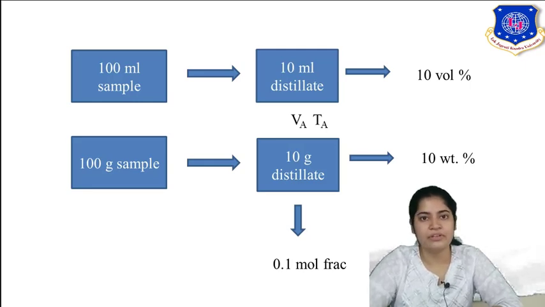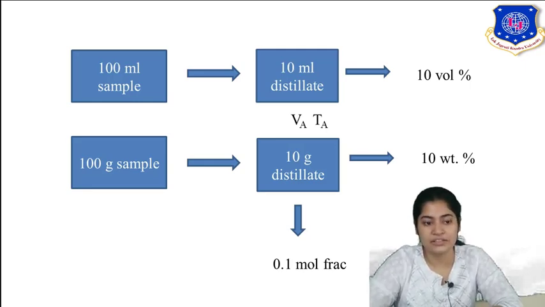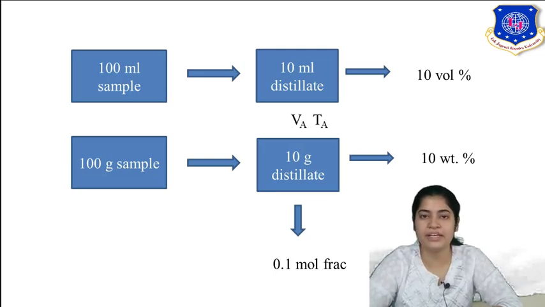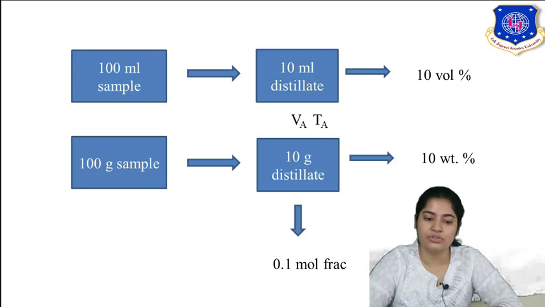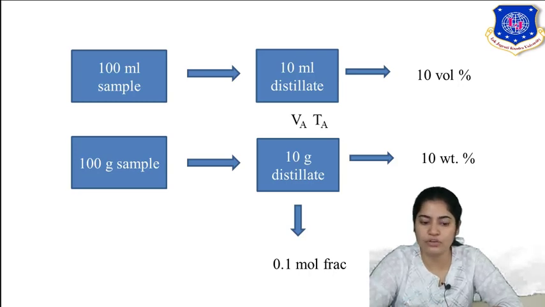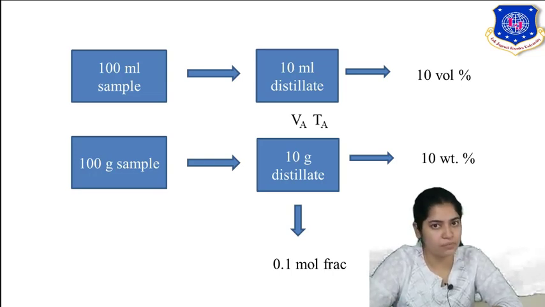Same when I'm considering my readings in gram: for a 100 gram sample, if I'm getting 10 gram of distillate, that is a 10 weight percent cut. Similarly in the case of mole fraction, for 100 mole of sample, if I am getting 10 mole of distillate, that is 0.1 mole fraction.